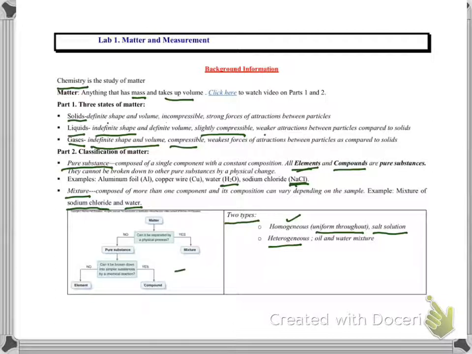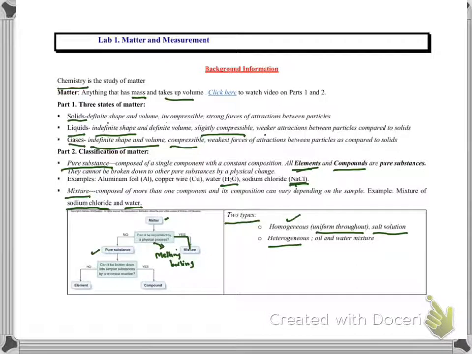This is a very good flow chart for pure substances. So you have matter. If matter can be separated by a physical process, then it is a mixture. If it cannot be separated by a physical process, then it's a pure substance. And again, physical processes are like melting, boiling, and so on.